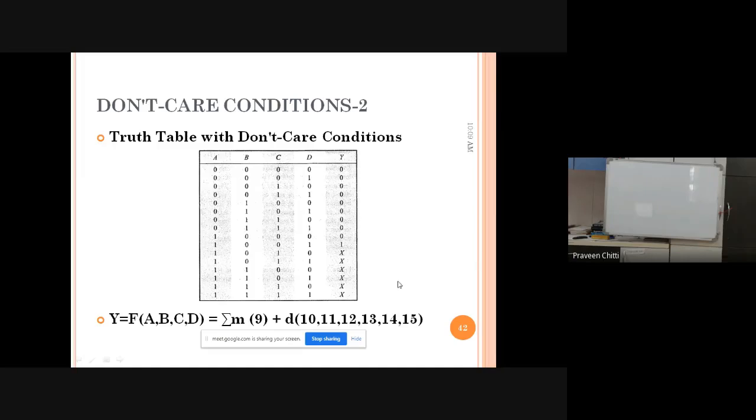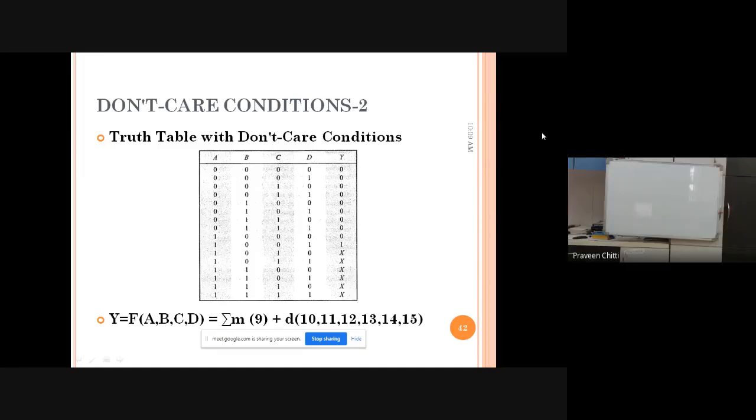Just go through this truth table now. You can see how many outputs are high in the truth table. One. And how many don't cares are there? 1, 2, 3, 4, 5, 6. So how do you write the SOP expression for this? Y equal to f of a, b, c, d, because there are 4 variables.